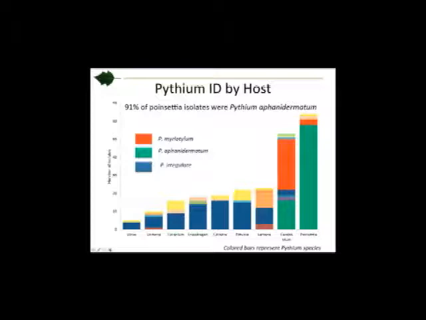So 91% of the isolates that we collected from poinsettia that showed Pythium symptoms were Pythium aphanidermatum. This is going to be the main player, and this is the one that I'm going to focus on when we continue to talk about poinsettia and Pythium. Forward.